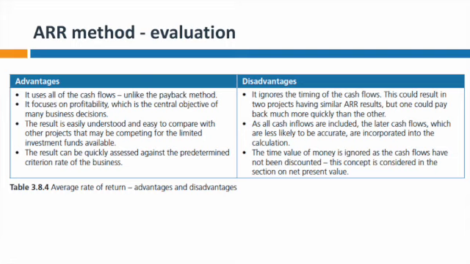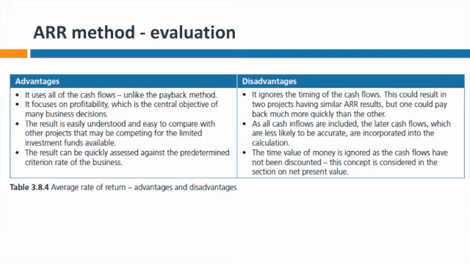So what's good about this method is that it uses all of the cash flows. It actually focuses on profitability. That's good because most businesses, their central objective is to maximize profits. It also doesn't take into consideration just the cash flows before payback happens, but also any cash flows that happen after payback.